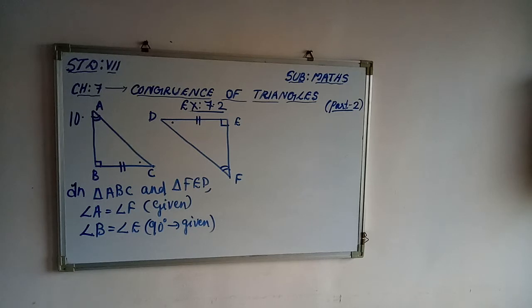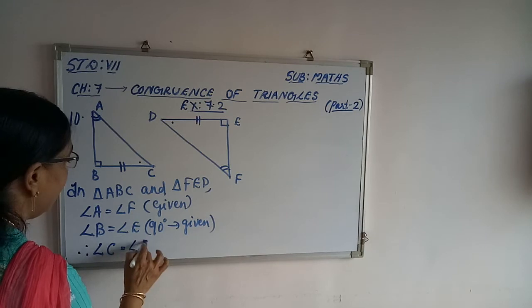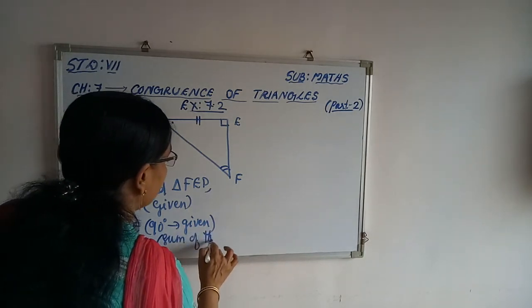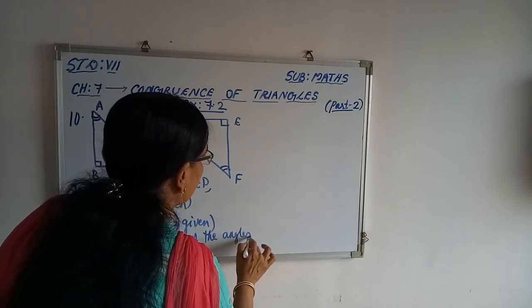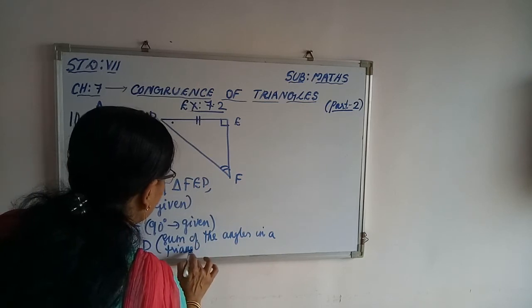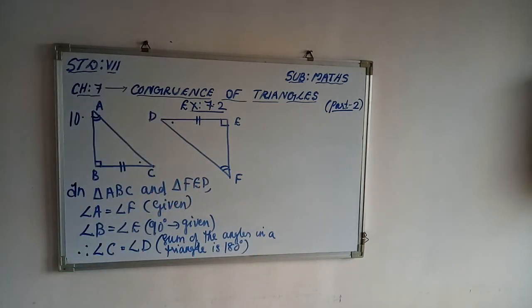If two angles are equal, the third angle automatically will be equal, because then only the sum becomes 180 degrees. Therefore angle C is equal to angle D. The reason: sum of the angles in a triangle is 180 degrees. So naturally angle C and D will be equal.